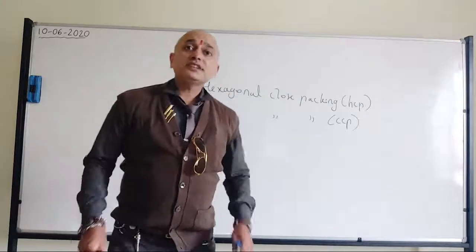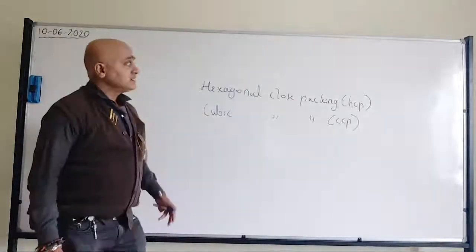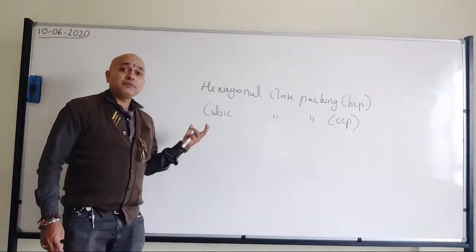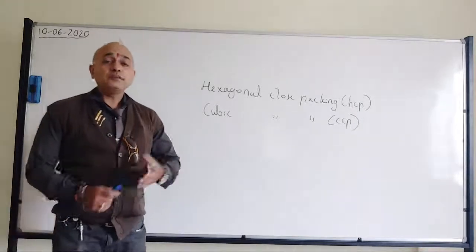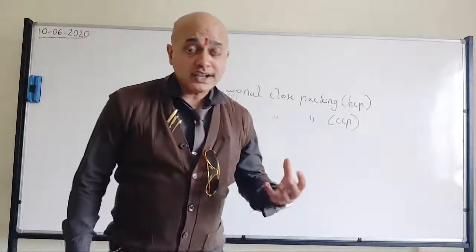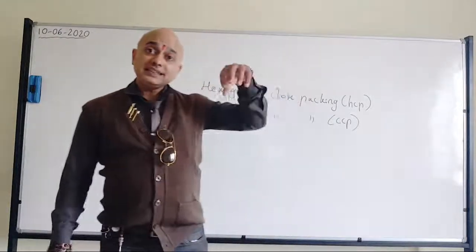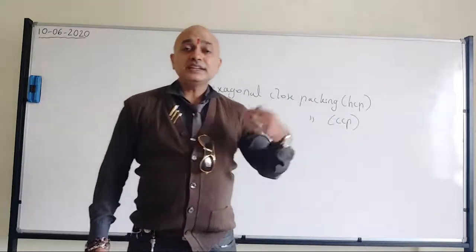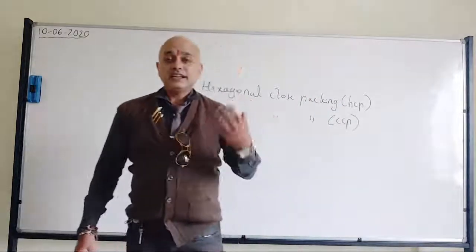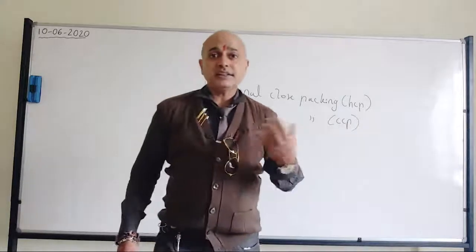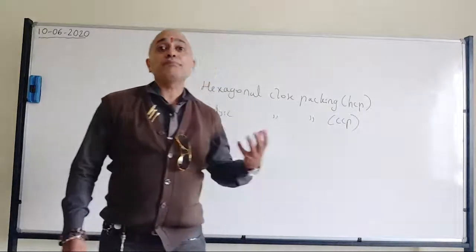Efficiency wise they are the same, which we will come to know later. So when I am talking about the first and second row, we have observed there will be formation of octahedral and tetrahedral voids. When I am placing the third row, I can place it in a different pattern. Elements are arranged in different patterns.